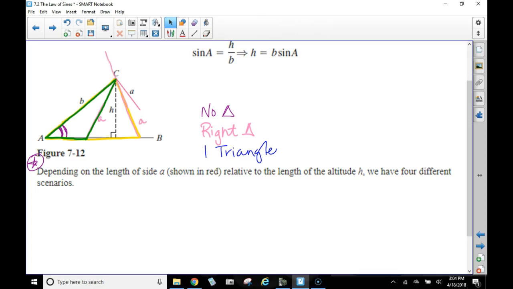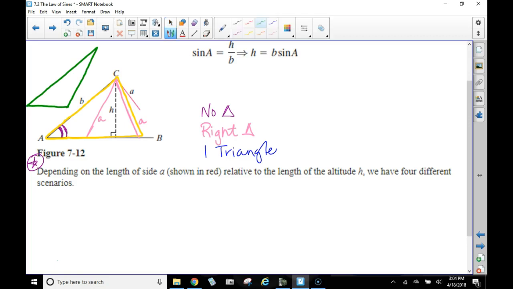If A was just the right length, you would have the green triangle, which we'll talk about, or you could have the yellow triangle. I didn't draw the whole thing. I left part of it over there. I'll just leave it here, okay? So what 2 types of triangles do you get here? You get 2 triangles.